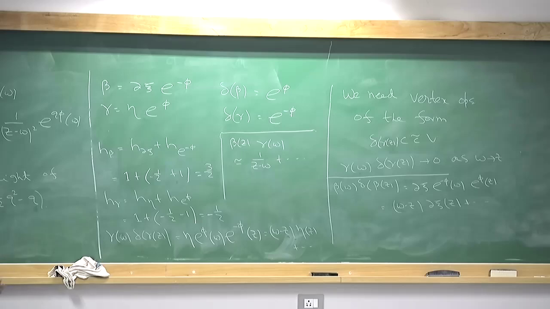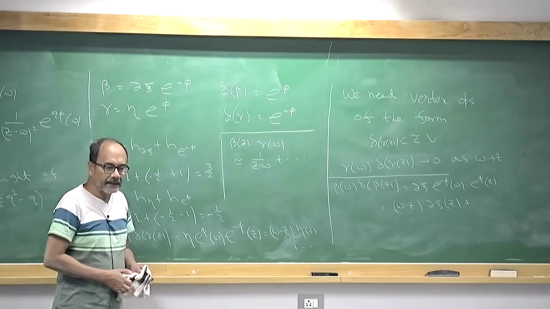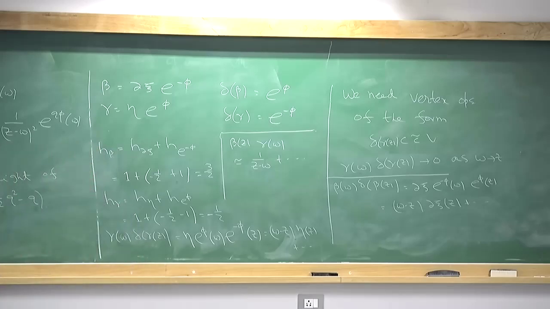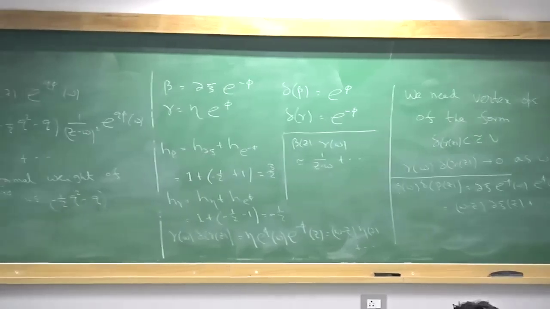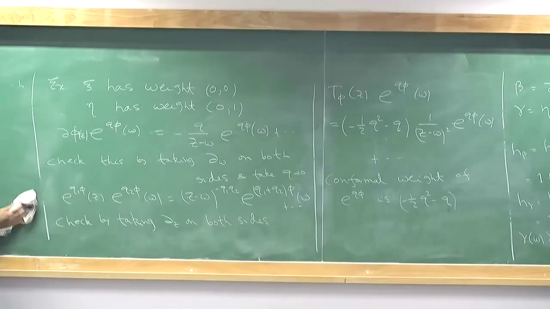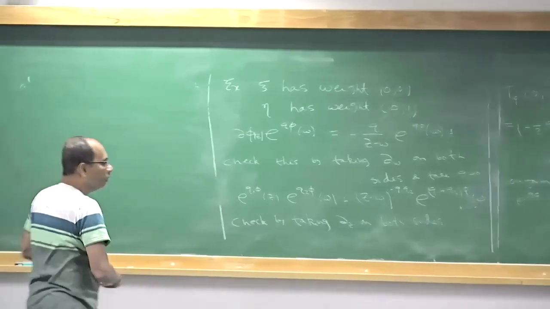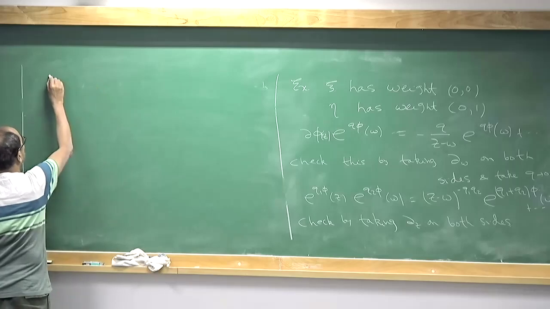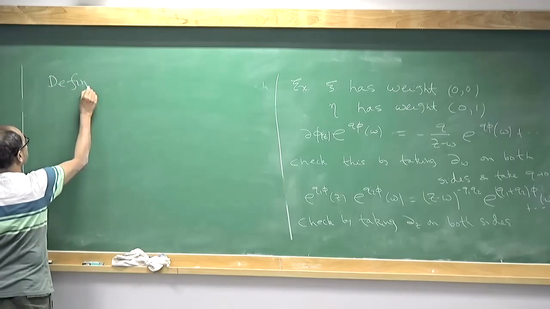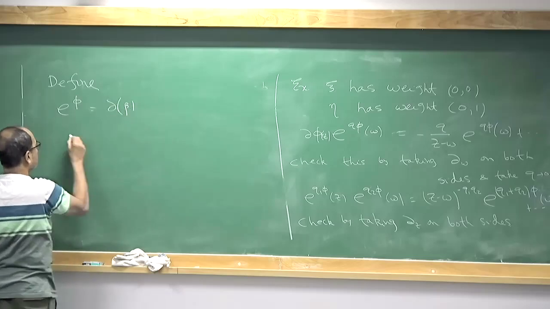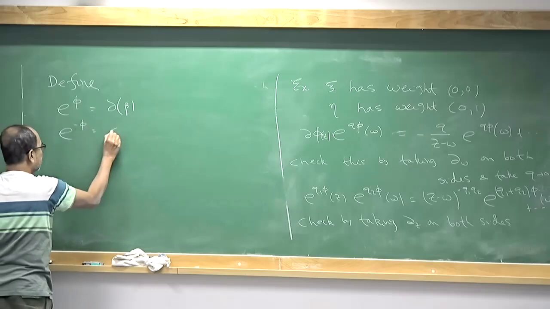Okay, so now let me give the reverse. How can we define phi, xi, eta in terms of beta and gamma? It's basically the reverse of that relation. So you define e to the phi as delta beta, e to the minus phi as delta gamma.